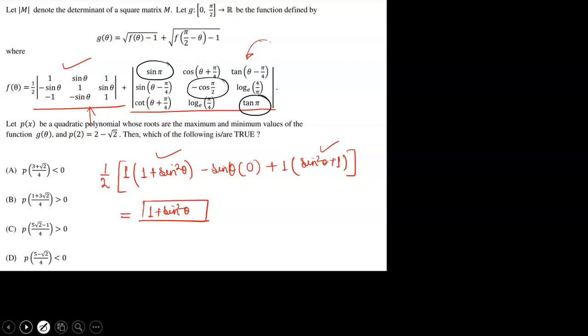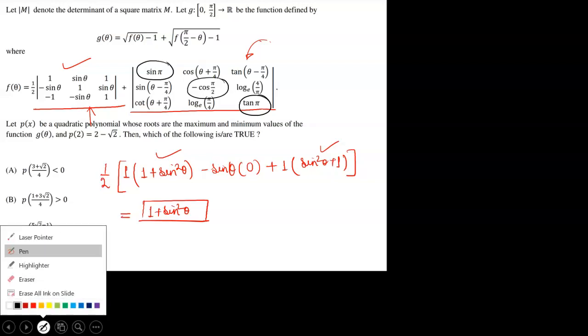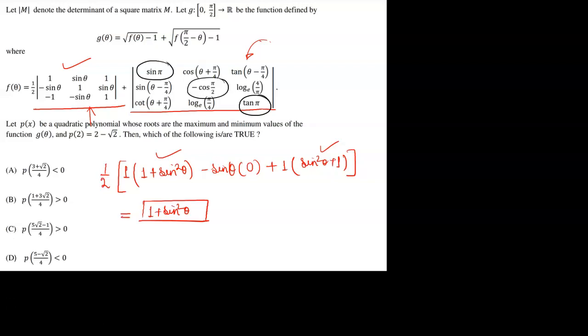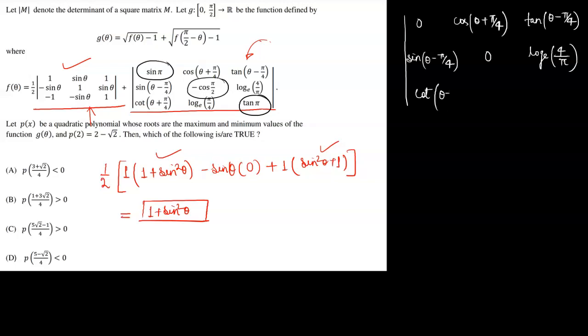So how can I write this determinant further? We can write it as 0, cos theta plus pi by 4, plus pi by 4. You must be thinking that why I'm simply expanding this determinant, not thinking of a short approach.